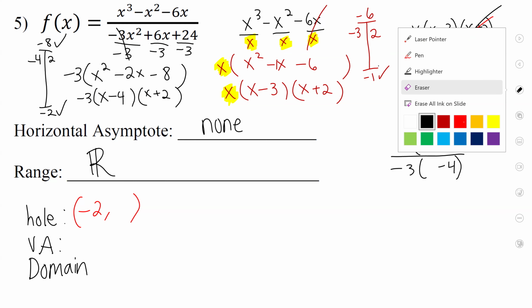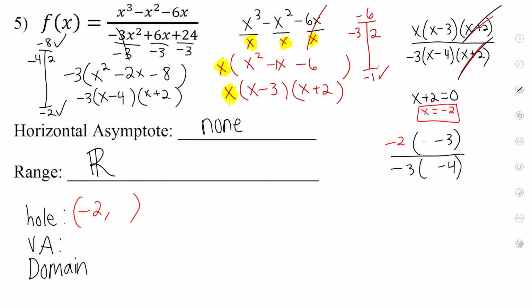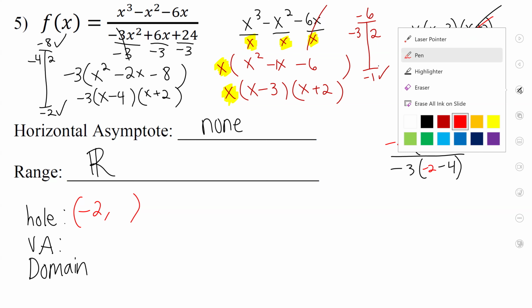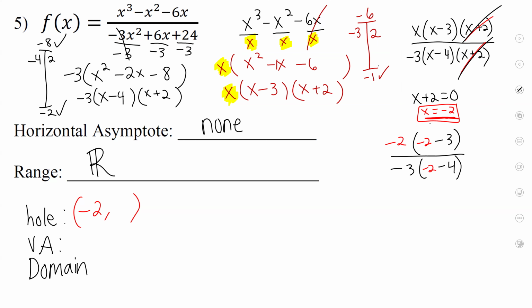And what do I plug in? -2, this x value. Okay. Calculate with me. What's -2 minus 3? Good. -5. And then what's -5 times -2 right here? +10.